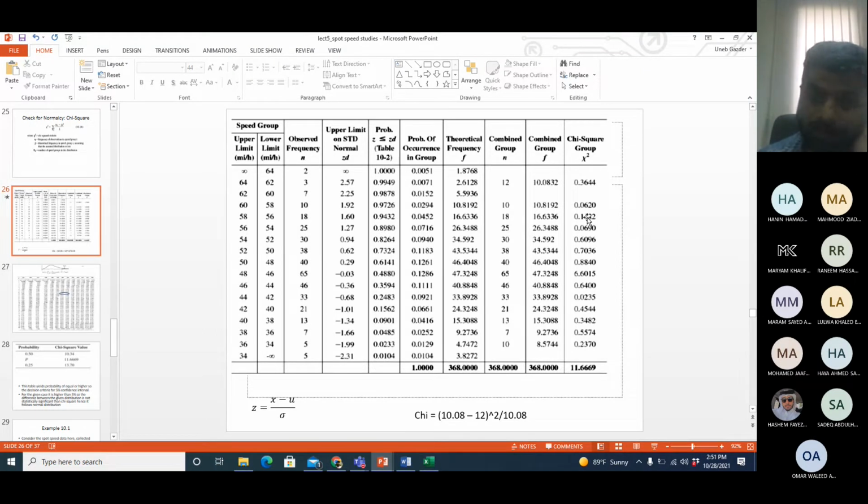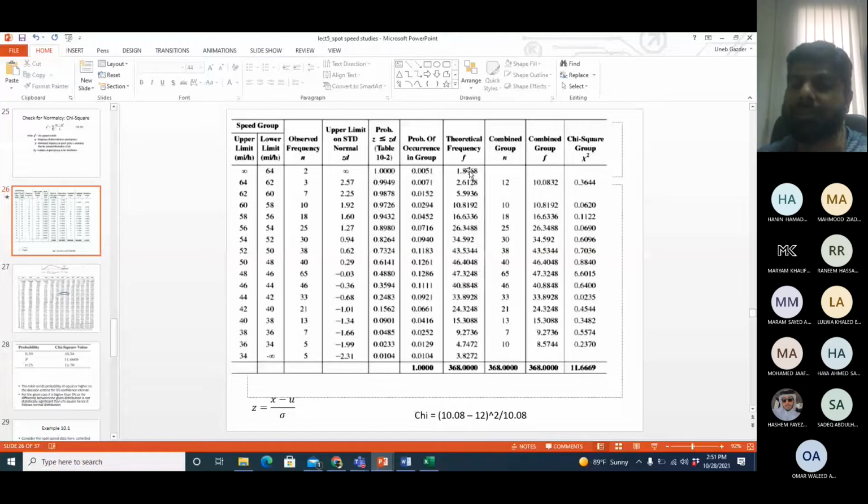Whatever immediate group you have, you will merge the group which has an f value less than 5. So for example, if you look at the first two groups, both of them have values less than 5. So 1.87 will be added to 2.61. Now if you add them, the value will still not be more than 5.